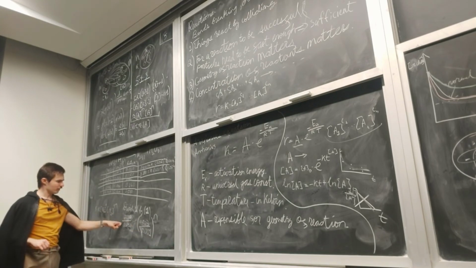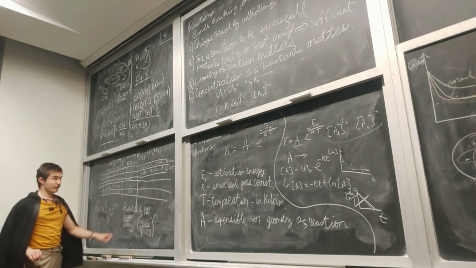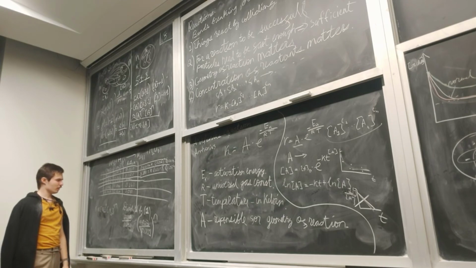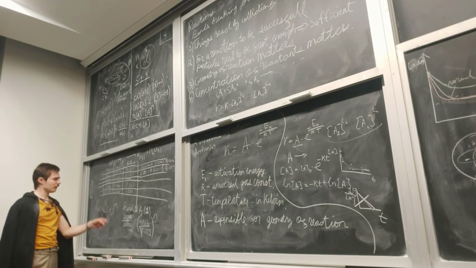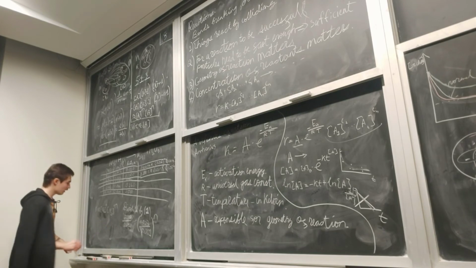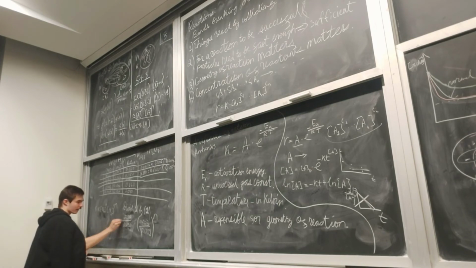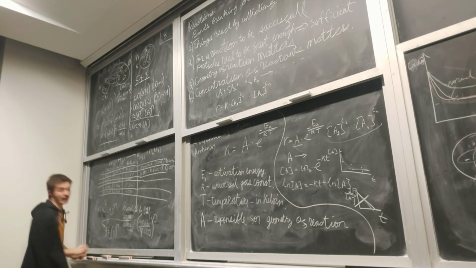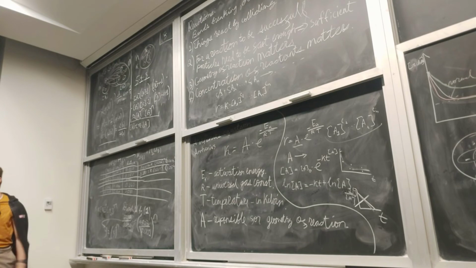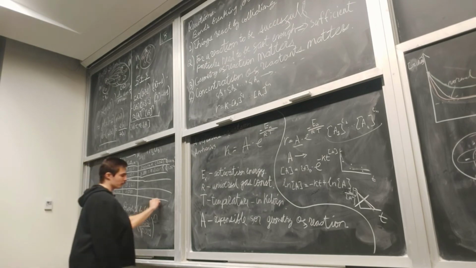And what's this number? It's 9. So we get 9 is equal to 3 to the power of n. What's n? n is equal to 2.